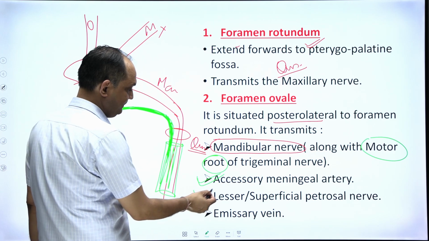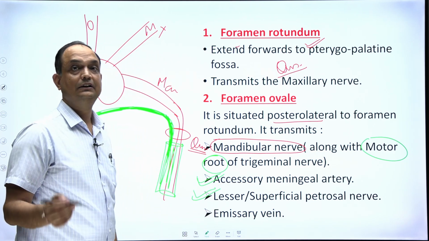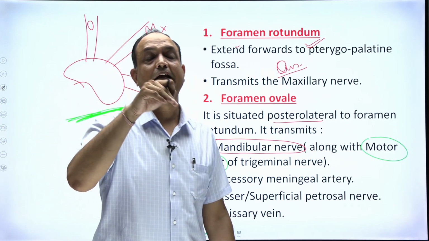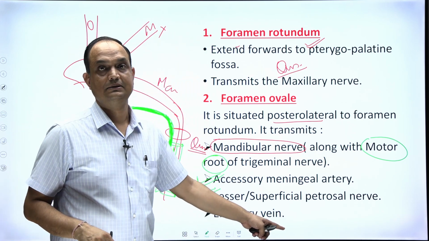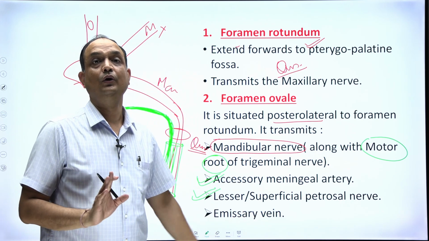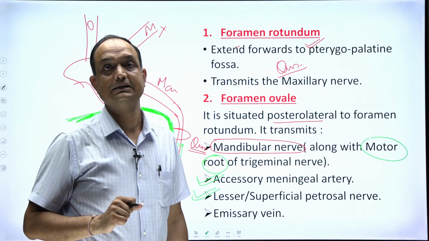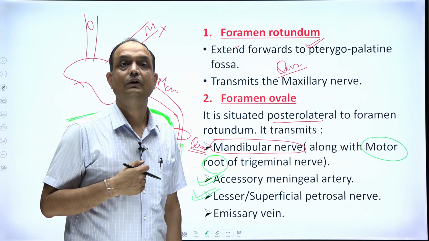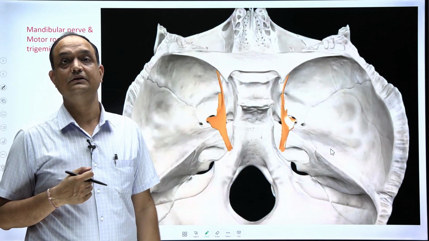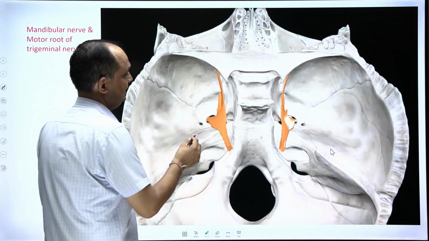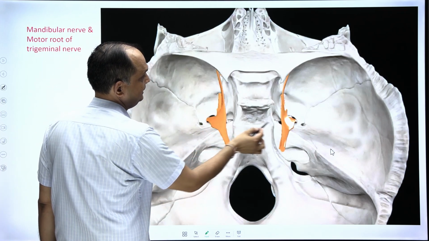Then you will have the lesser petrosal nerve, which carries preganglionic parasympathetic fibers, and emissary veins. These emissary veins are going deep into the cavernous sinus and coming from the pterygoid venous plexus. If you see these things in this video clip, what you are able to understand is that this is the trigeminal ganglion.